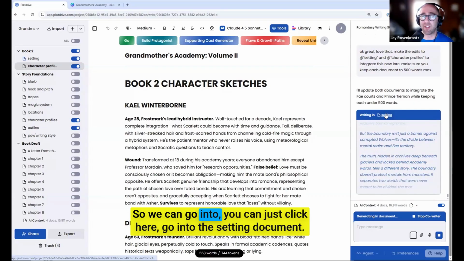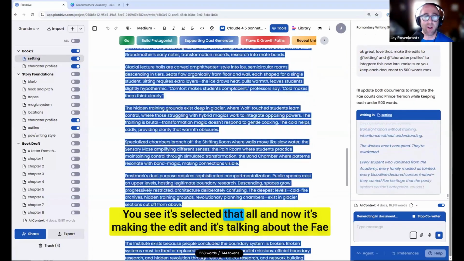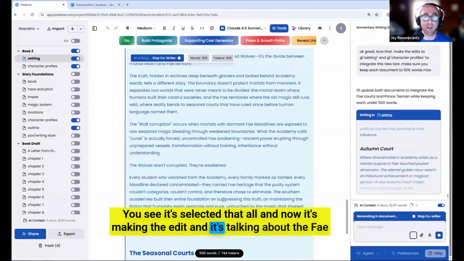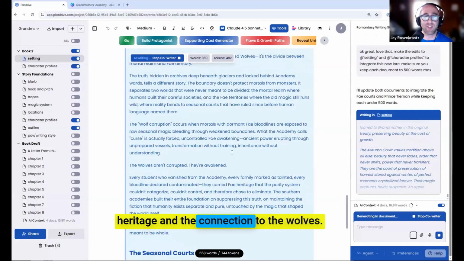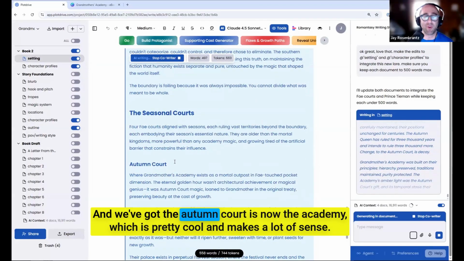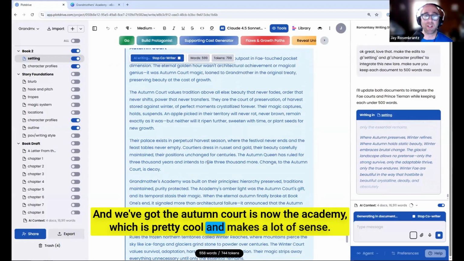So we can just click here and go into the setting document. You see it's selected all, and now it's making the edit, and it's talking about the Fey heritage and the connection to the wolves. And we've got the Autumn Court is now the Academy, which is pretty cool and makes a lot of sense.